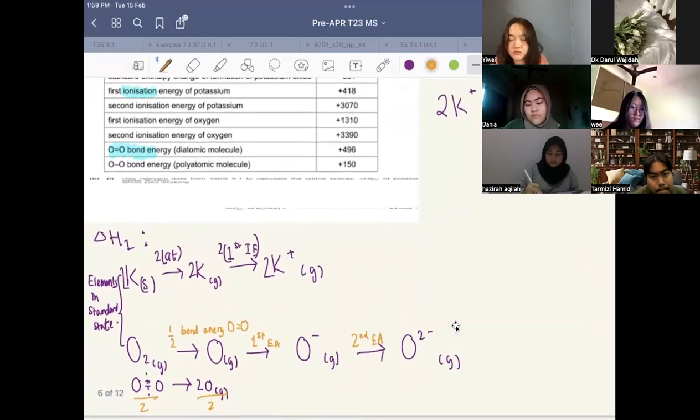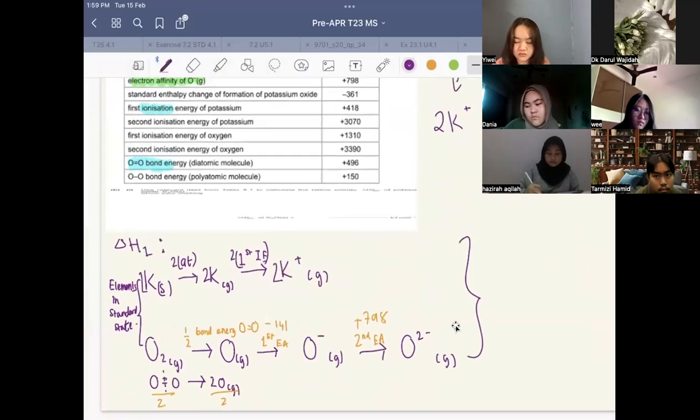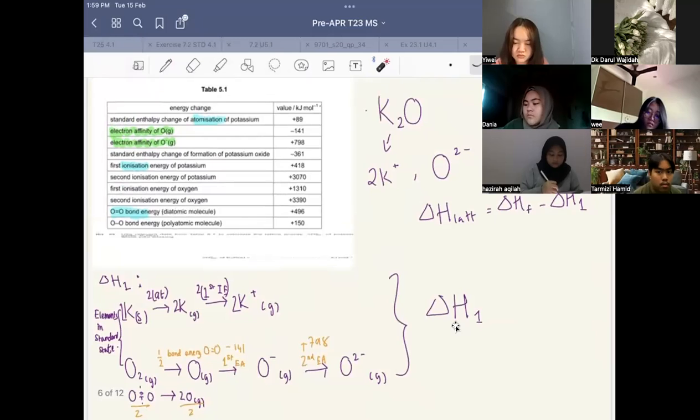I'll just write down the numbers so you don't get confused. Negative 141 and positive 798. Okay, and then you're done. You get O2 minus. So all this is again delta H1. After you add up all your delta H1, you will then use the expression. Okay, so I will let you work that out yourself later on.